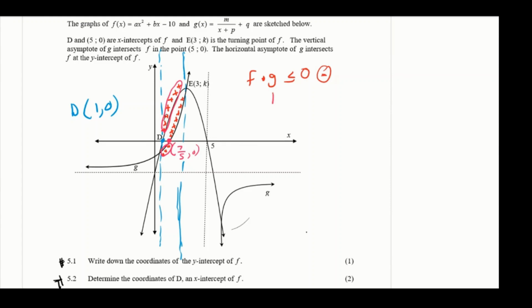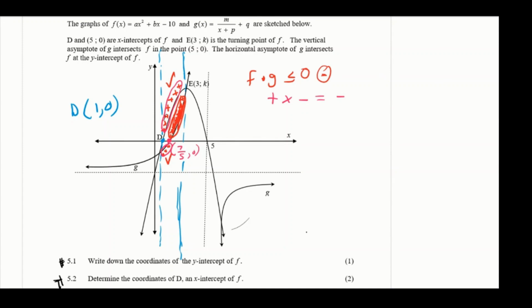If you multiply a positive and a negative, you definitely get a negative. So we need to focus on that and neglect this portion here, up until this point where we reach x equal to 7 over 5. We neglect it. We look at this part and this part here.